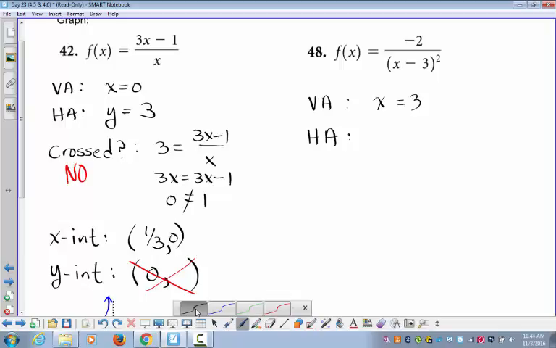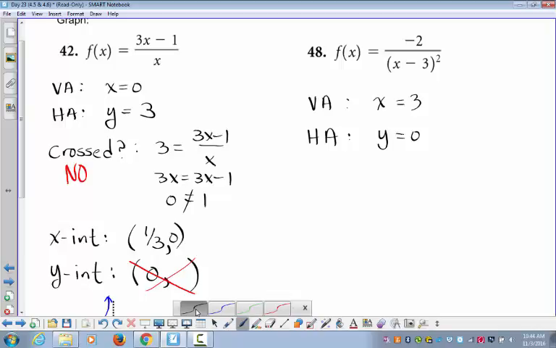So you can either acknowledge that the degree of the denominator is larger than the degree of the numerator, so therefore we get y equals 0. Or you just try to do the division. And if you multiply that out, x squared minus 6x plus 9, and you try to divide that into -2, it just doesn't go in. Right? So then we make our conclusion that y equals 0 is the horizontal asymptote.